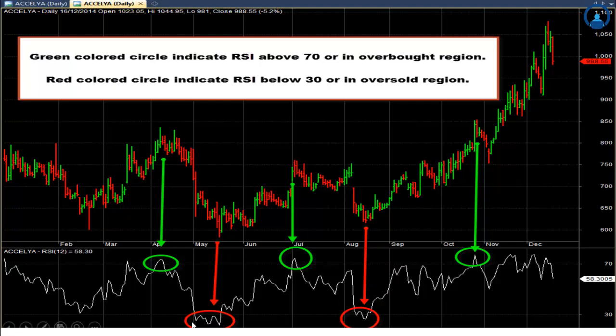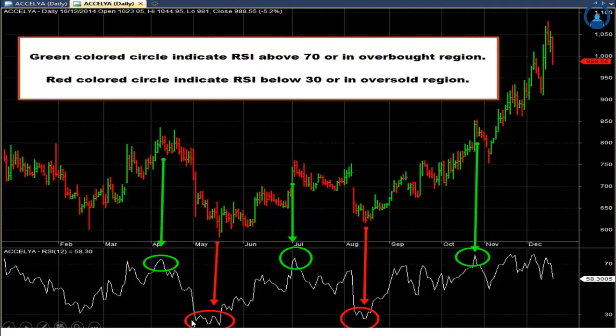The green colored circles suggest levels where RSI reached above the 70 line, and you can see every time RSI reaches the level of 70, prices tend to change direction. Even here, though prices change direction for a limited period, a correction did come.